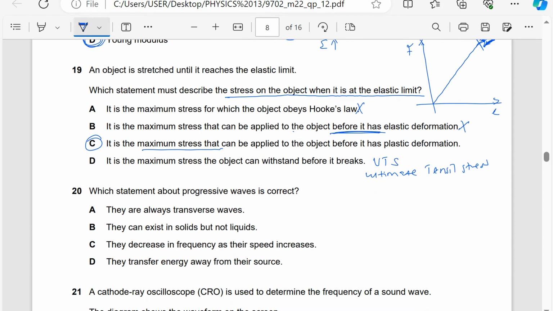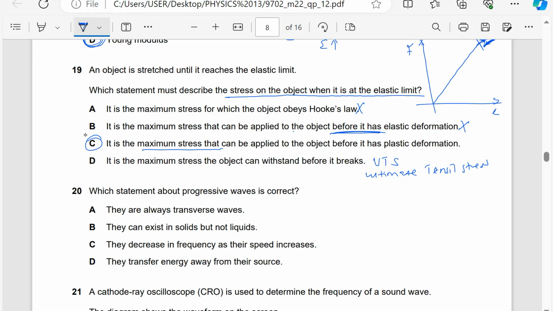Which statement about progressive waves is correct? They are always transverse. Of course, progressive waves can be transverse or longitudinal as long as they transfer energy. They can exist in solids but not in liquids.